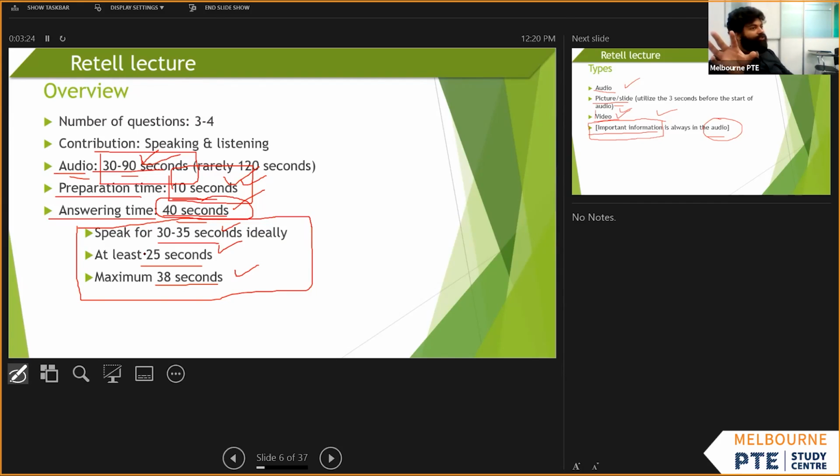For Retell Lecture, how many seconds I speak out of the 40 seconds does matter for my score. Ideally I would say it should be 30 to 35 seconds, but at least 25, and the maximum you speak should be no more than 38 seconds. Now go through these points, write them down if you haven't, and please do ask if you have any questions.